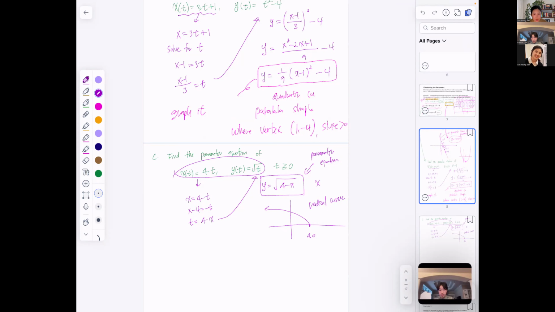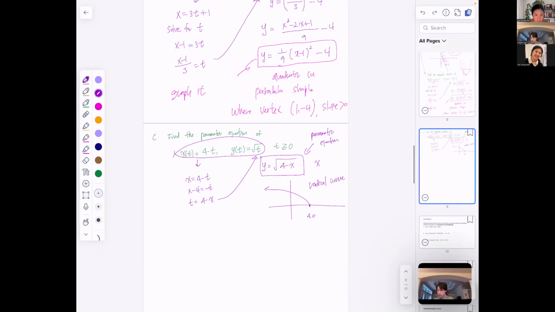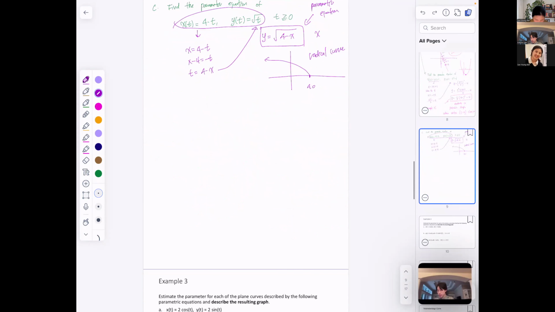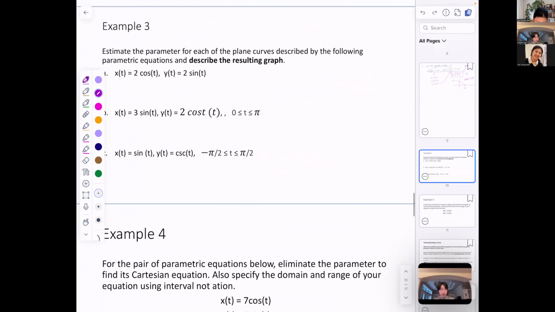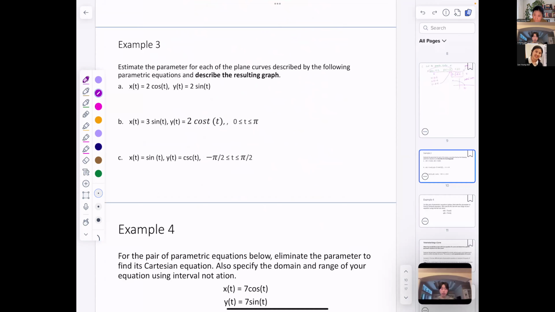I'm going to go down to the next one. We're going to keep building this idea. So far, to find a parametric equation, you can use a table, the very traditional graph and chart method.